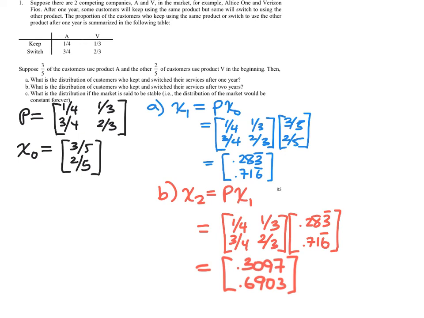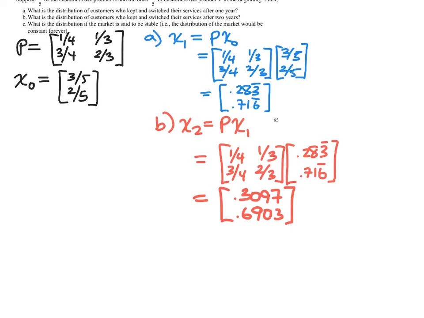Now for C, it appears C is missing a question mark. What is the distribution if the market is said to be stable? The distribution of the market would be constant forever. So what that's telling us is to find what's known as a steady state vector. So we carry out this operation repeatedly.